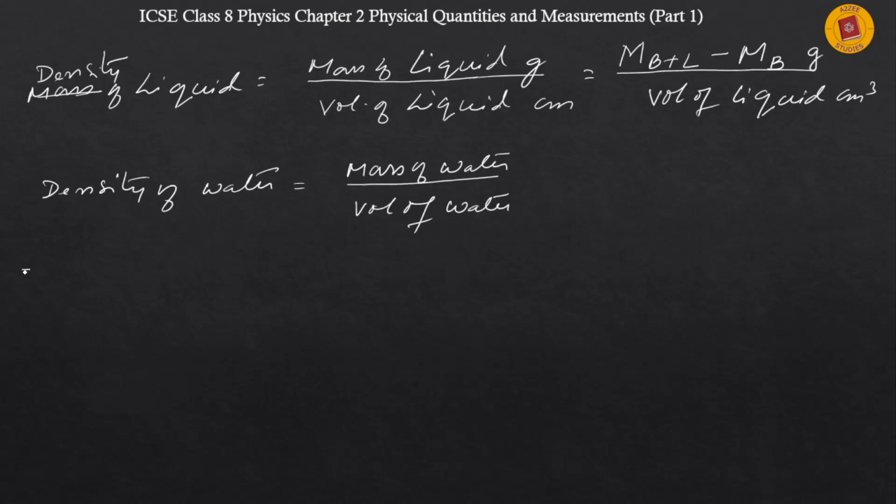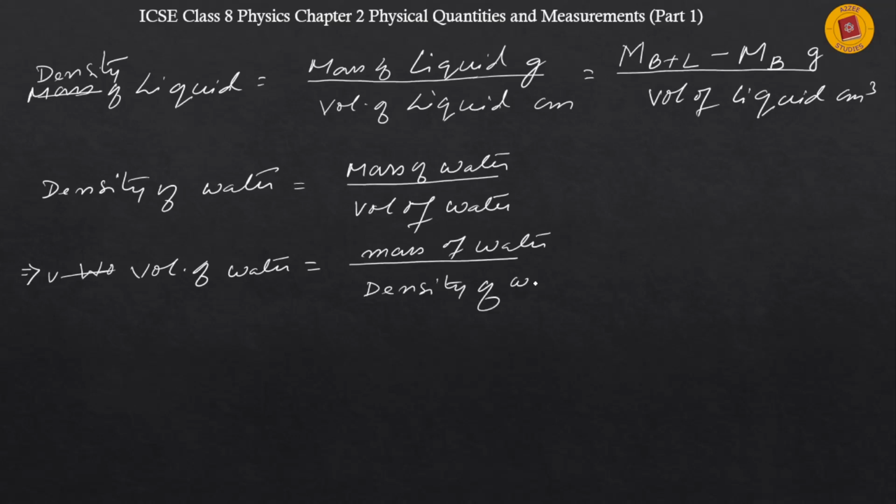From here we can write, implies volume of water is equal to mass of water divided by density of water. But the density of water is 1. We know the mass of water, we have measured it.